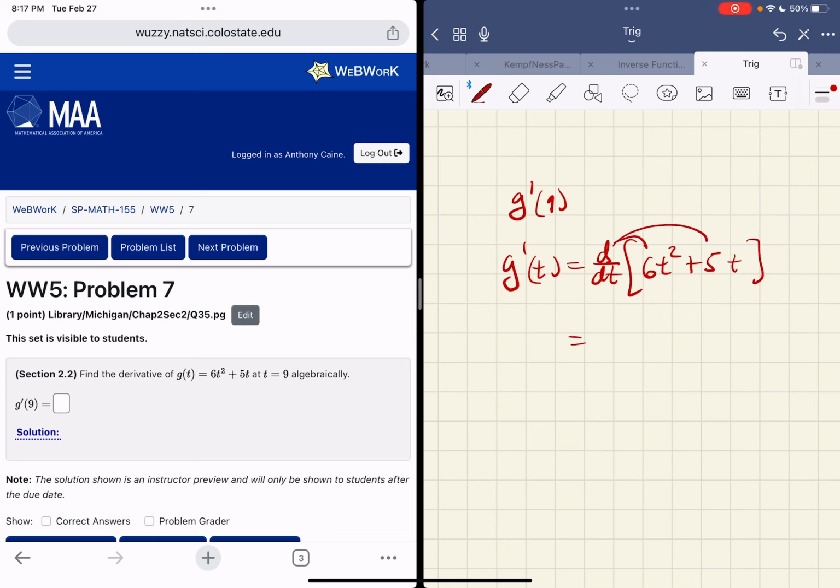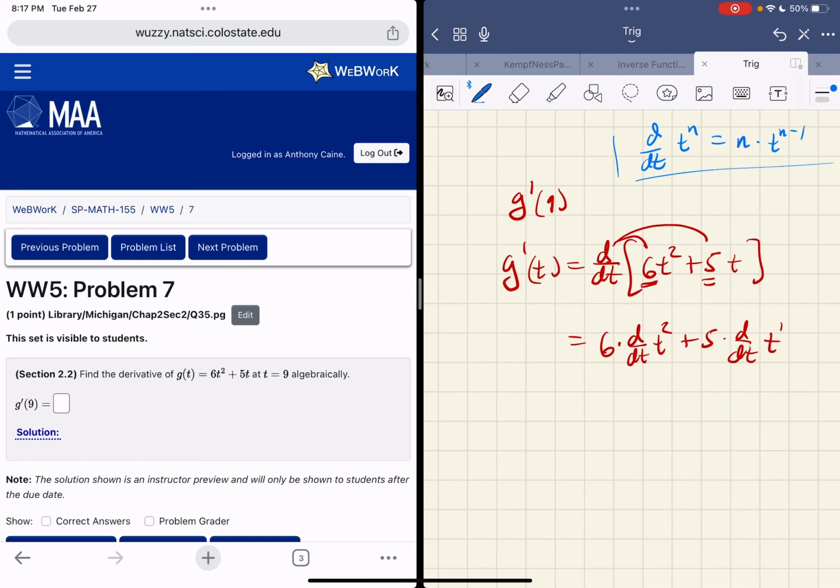So derivatives distribute, and constants we can pull out. So it looks like this. It's 6 times the derivative of t squared plus 5 times the derivative of t, which is also t to the 1. Okay, so now we do the power rule. The power rule says that if you take the derivative of something of this form, it's n times t to the n minus 1.